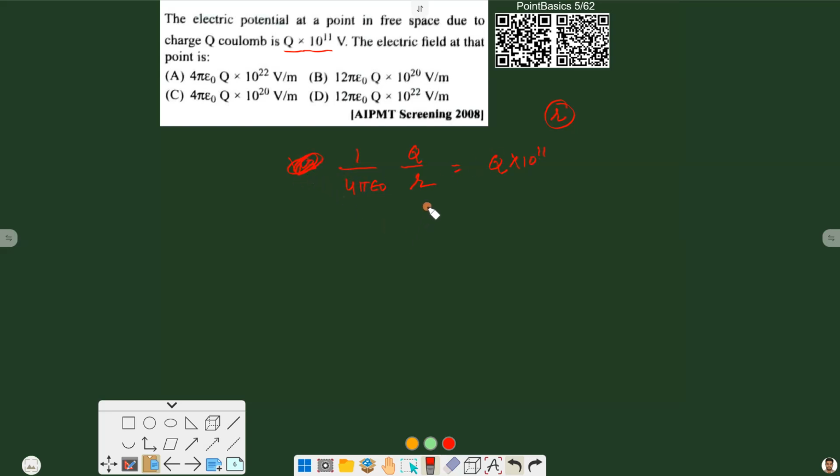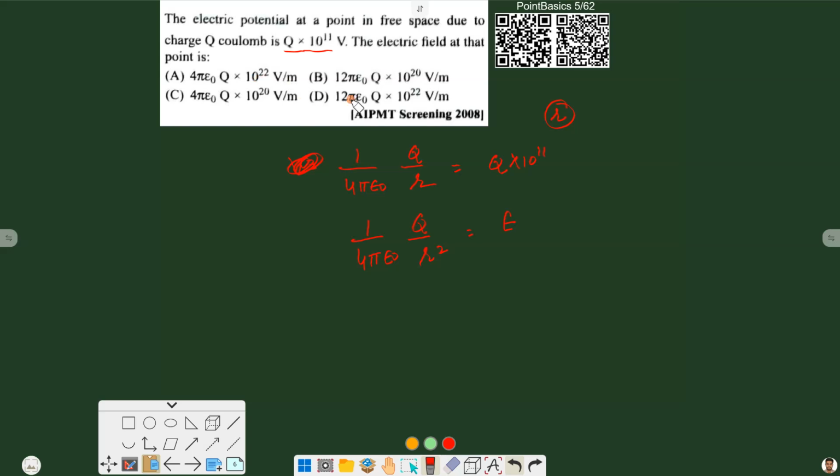Now we have to find the electric field. The formula of electric field is 1 by 4 pi epsilon naught q by r square, equal to the electric field. Now we can simply divide them, but if we divide them, then we will be left with 1 by r in the denominator.